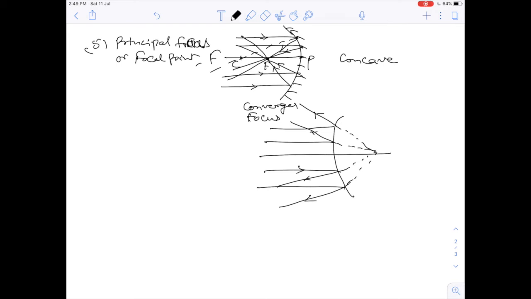These are the incident light and these are the reflected light, and this is P. So, this point is F. It actually appears to diverge from this point. So, for convex, it is a virtual focus, and in the concave case it is a real focus.